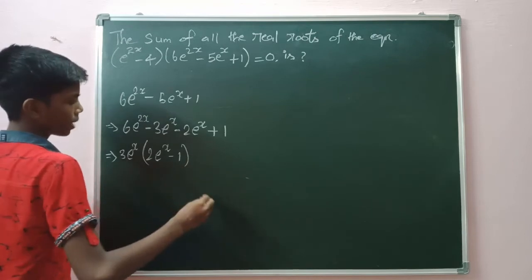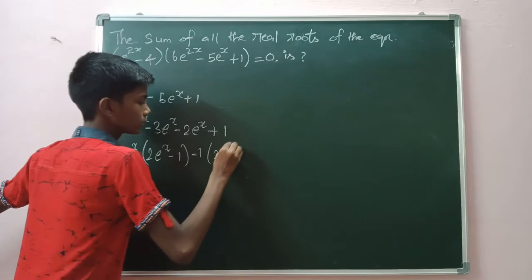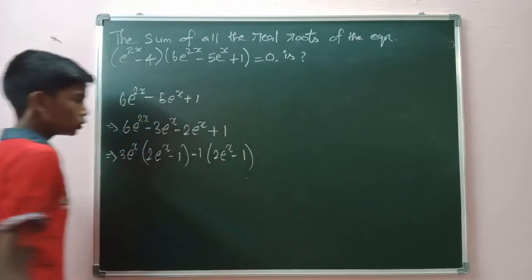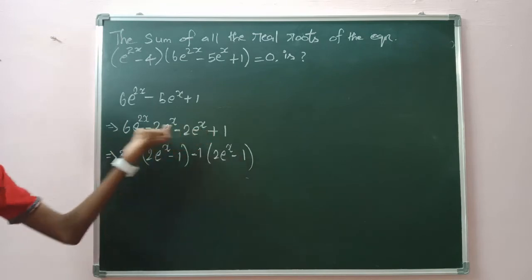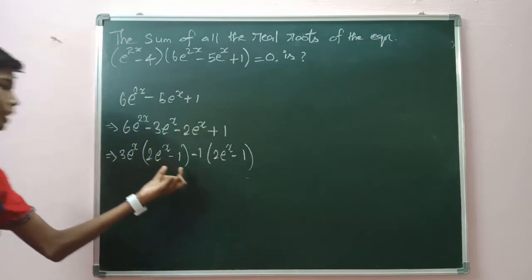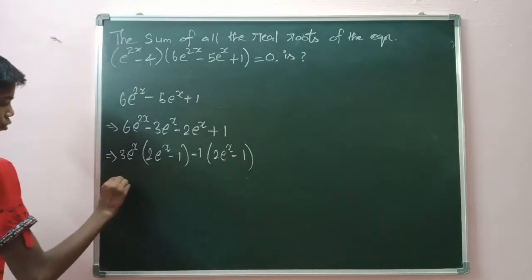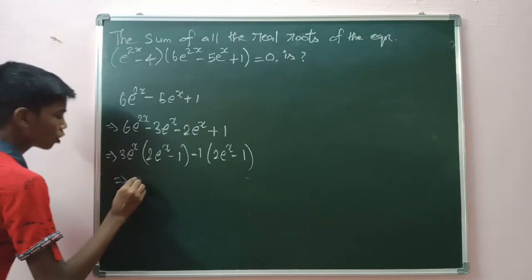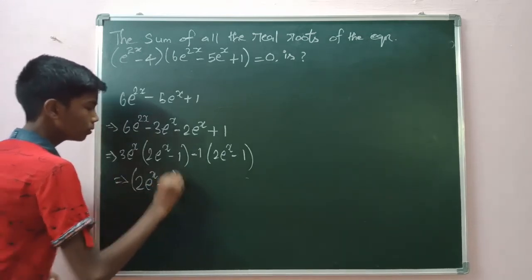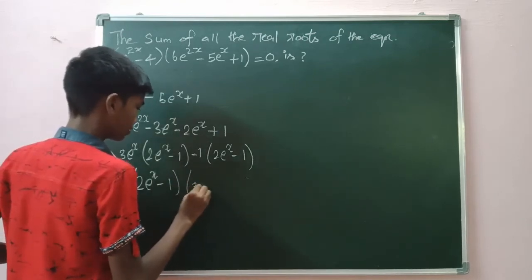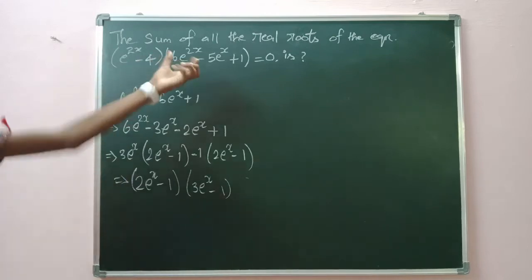After that take minus 1 common, you will get 2 e power x minus 1 again. You can consider this as the first group and this as the second group. You take 3 e power x common, you get 2 e power x minus 1, then minus 1 common, 2 e power x minus 1. Now 2 e power x minus 1 is common, hence I can write 2 e power x minus 1 into 3 e power x minus 1, and that is how I factorize this expression.